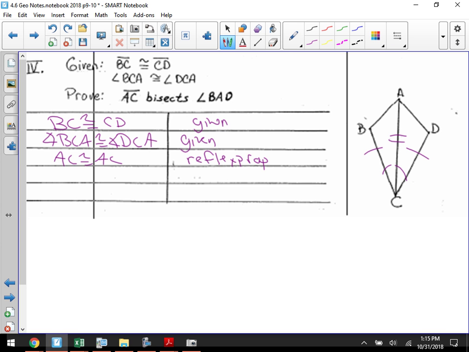I don't see CPCTC over here. We have side angle side, so our triangles then, I'm just going to reuse my lettering up here that was given to me, triangle BCA. Or if I wrote it out a different way, I just have to make sure it matches.